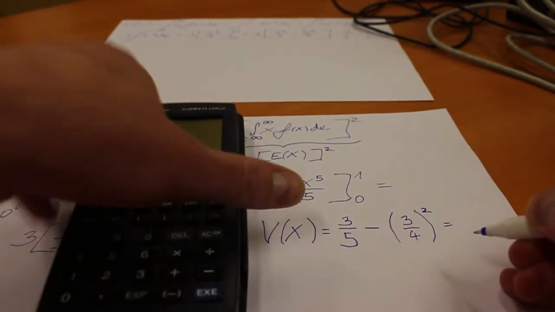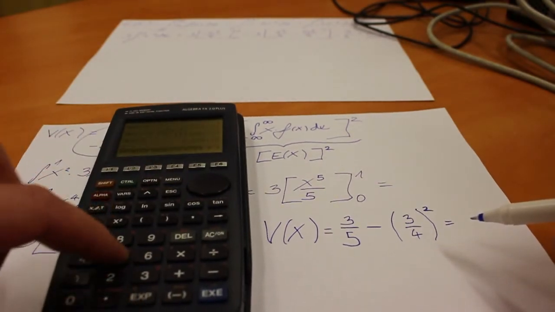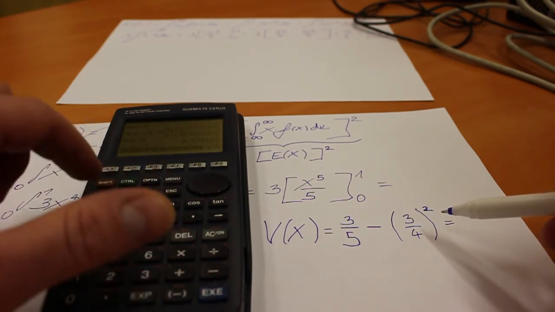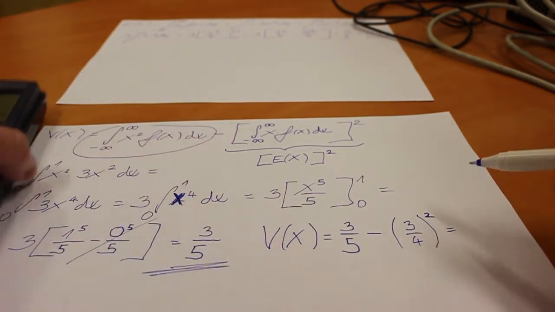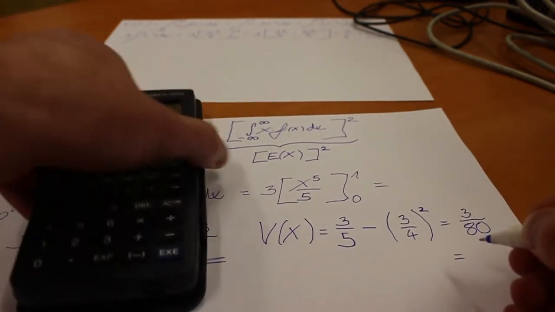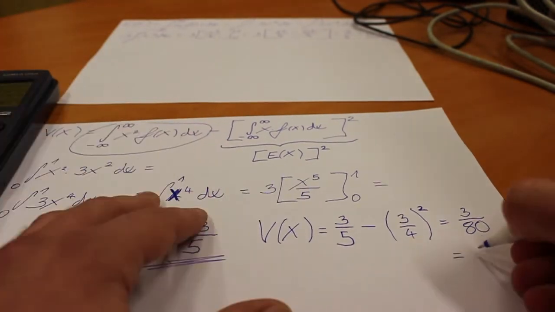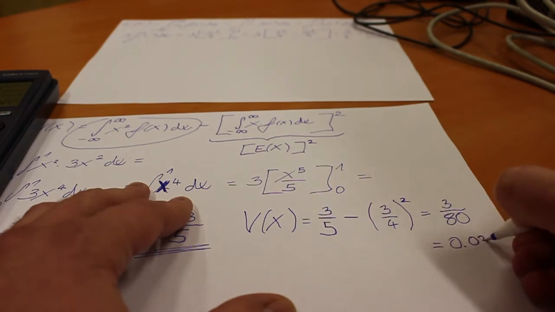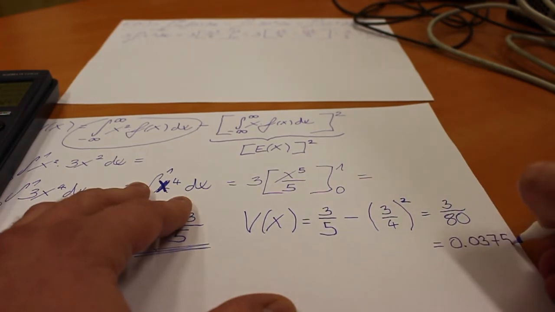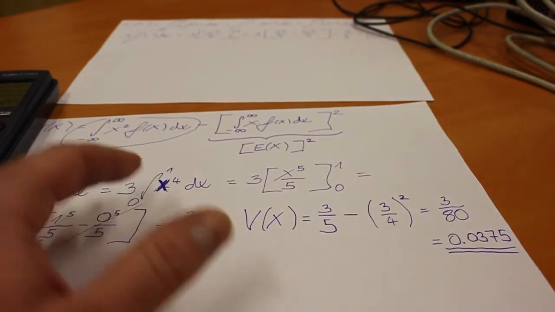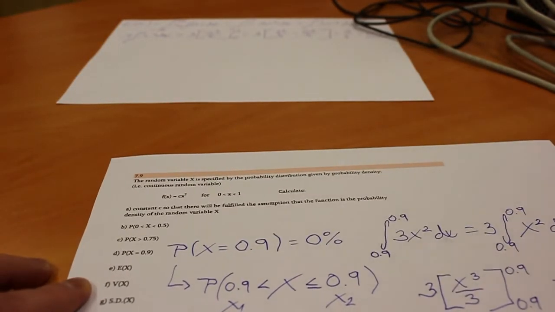If you use a calculator, 3 divided by 5 minus 3/4 squared gives a variance of 3 divided by 80, which is equal to 0.0375. So this is the variance. But variance is every time in squared units.